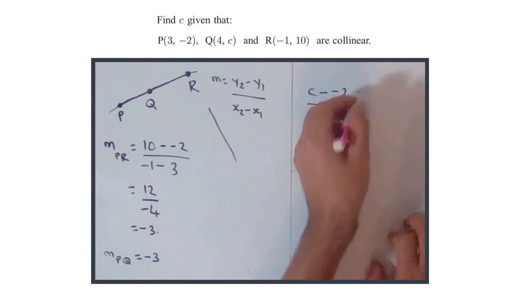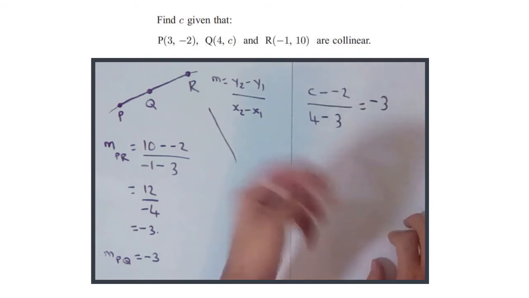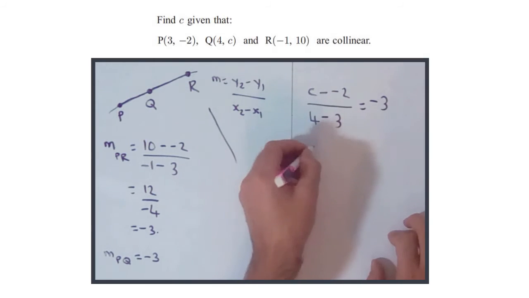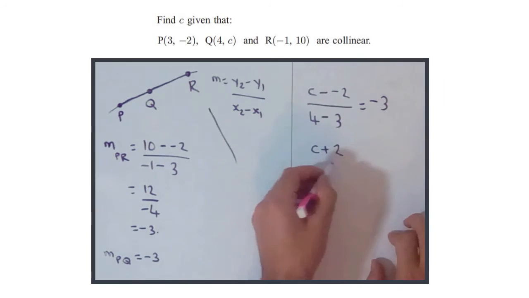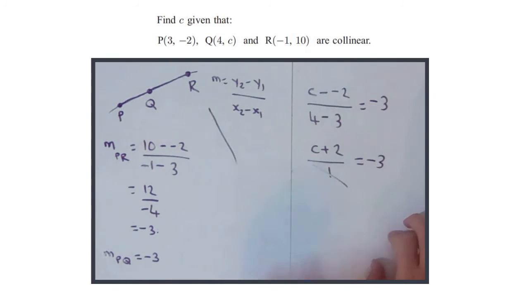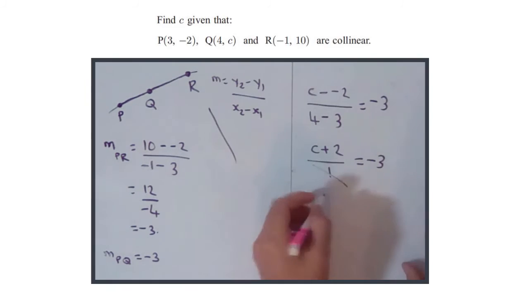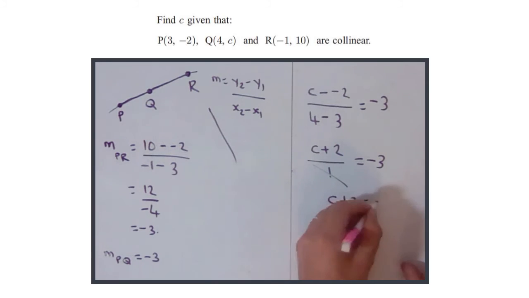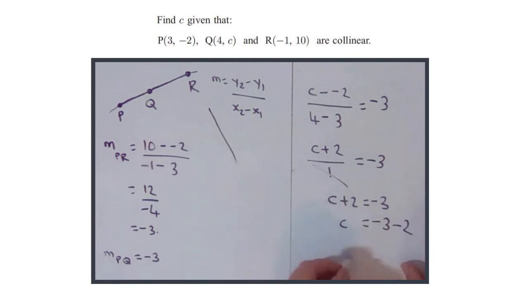That needs to equal -3, so tidy it up. C minus -2 is C plus 2. 4 minus 3 is 1, which is really handy, equals -3. So you can just get rid of that 1. C plus 2 equals -3, so C must equal -3 minus 2. C equals -5.